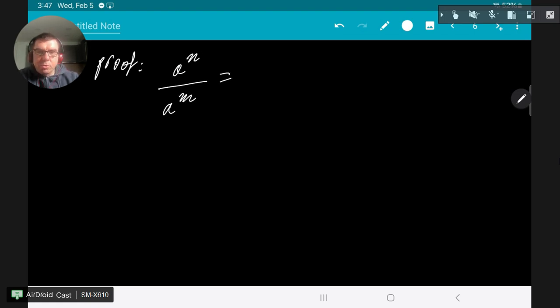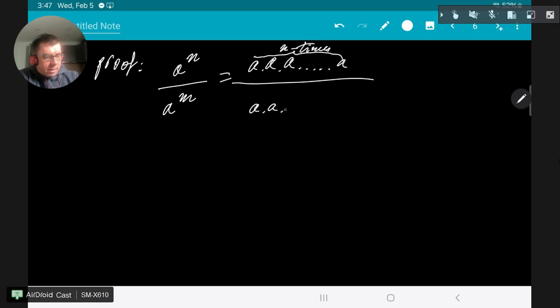If I want to prove it in the general case, I have a to the power of n over a to the power of m. I proceed in the exact same way as in the example. A times a times a times a, this is n times, over a times a times a times a, this is m times.